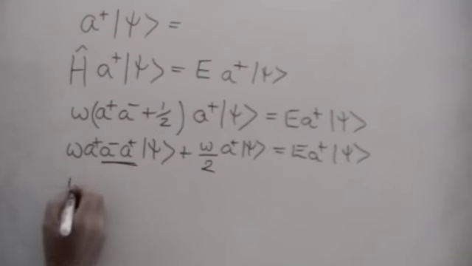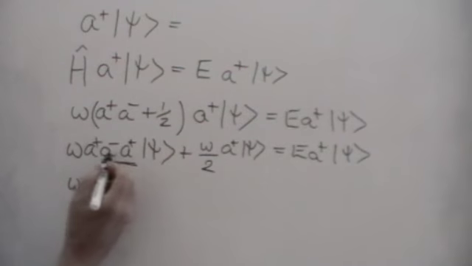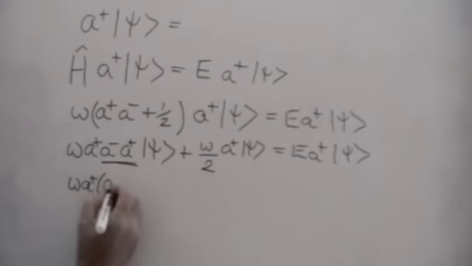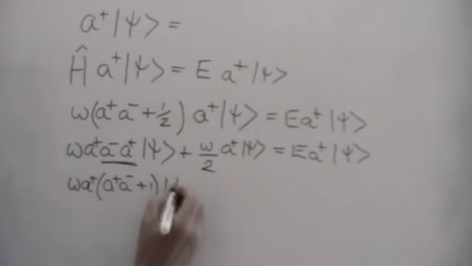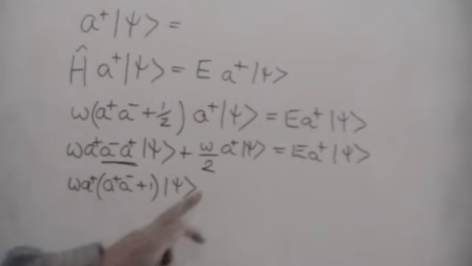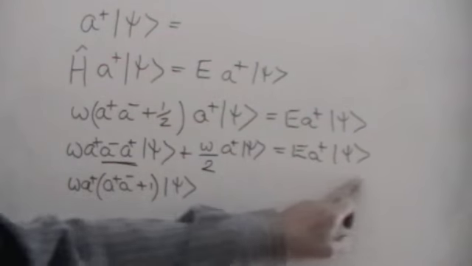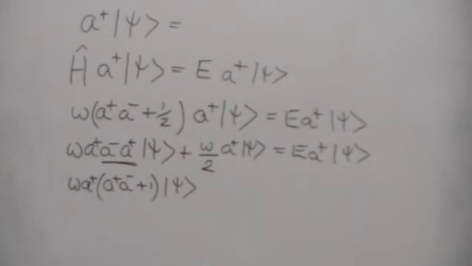That was omega A plus, and now for A minus A plus I'm going to put instead A plus A minus plus 1 acting on psi, plus all these other terms which remain the same. Look at this term here. The rule is you always act on the one that's nearest to the eigenvector. So the first operator that's going to act is A minus. What does A minus do when it acts on psi?